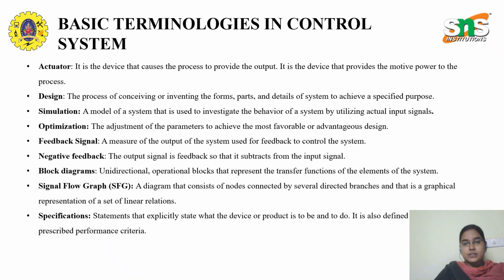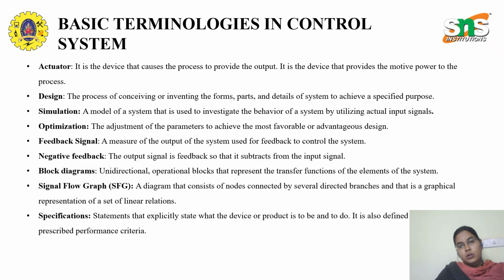As we know, an actuator is an output. It is a device that causes the process to provide the output. And design: we have to design the overall plan, the process of conceiving or inventing the process, which includes the parts, details of a system, specifications, etc.